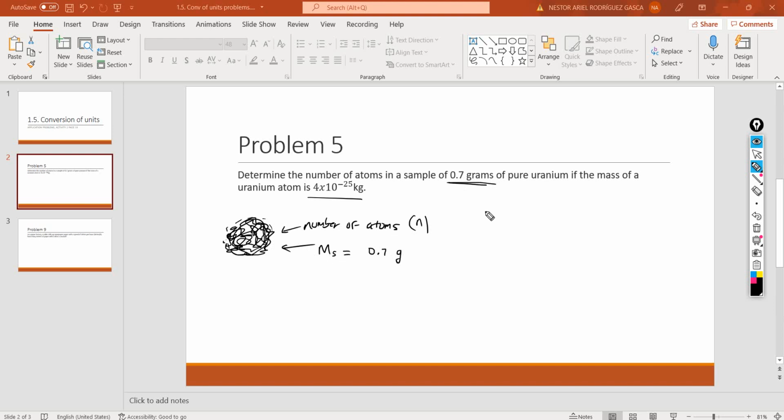They also give me the mass of a single uranium atom. This is a very tiny quantity. So I'm going to represent an atom by this little dot, and I know the mass of a single atom of uranium, and it's 4 times 10 to the minus 25 kilograms.